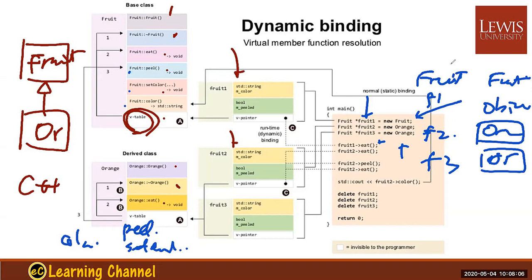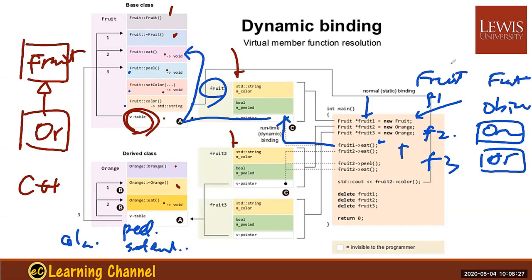Now flu one eat. Flu one is a flu object, so it goes to the v table and finds the eat function over here. Is that okay?